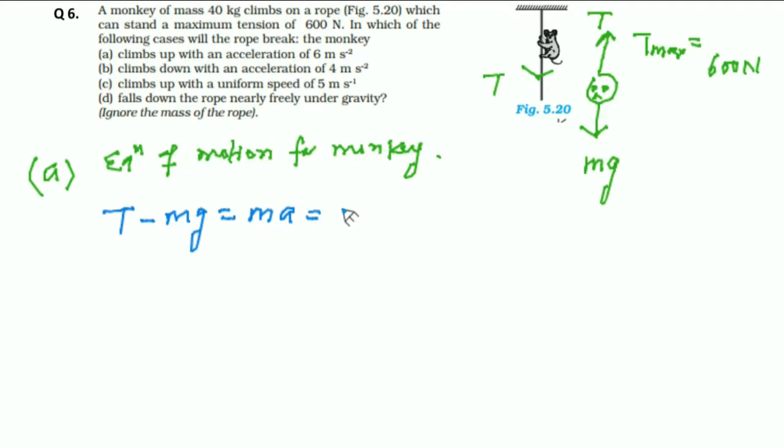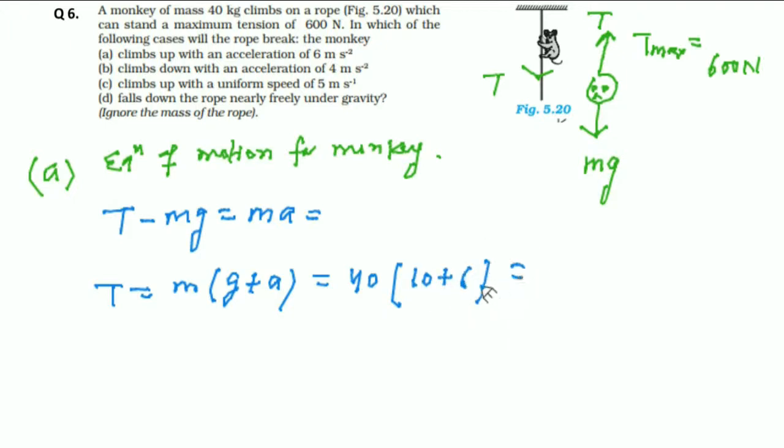The acceleration given is 6 meter per second square. So T will be m into (g plus a). Here mass is given as 40 kg. Taking g equal to 10, 10 plus 6 is 16. 16 multiplied by 40 will be 640 Newton.